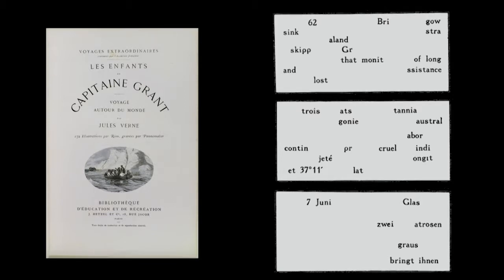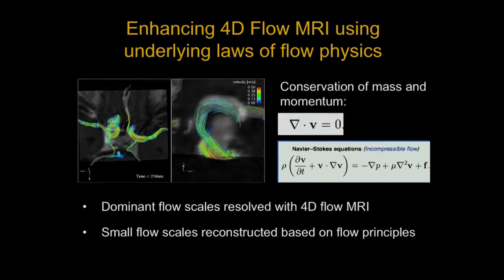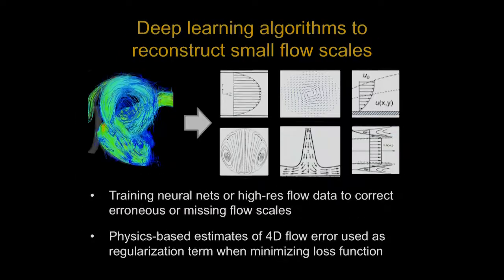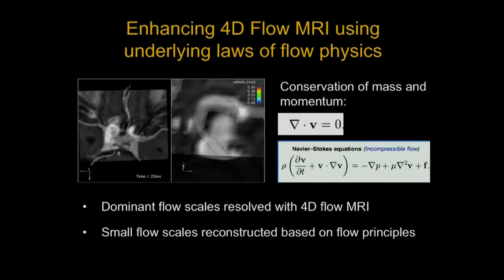So in our case, going back from the Jules Verne example to 4D flow, here you see this flow in an ICA aneurysm, courtesy of Michael Markl and Susanne Schnell from Northwestern.